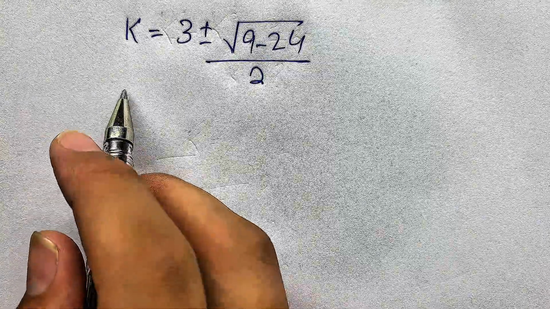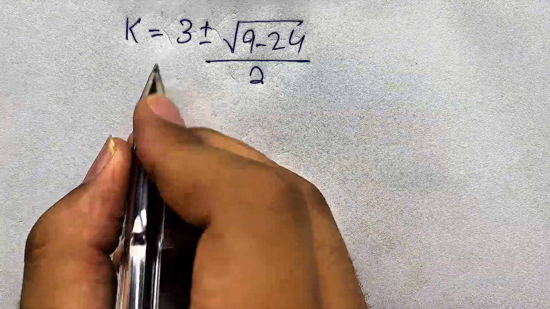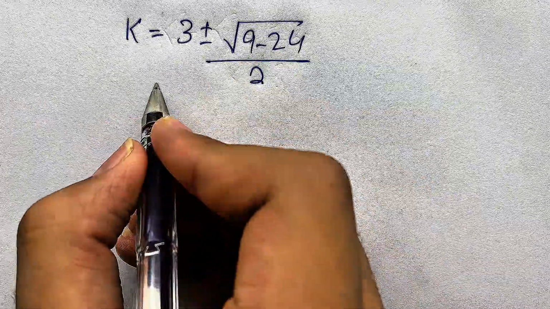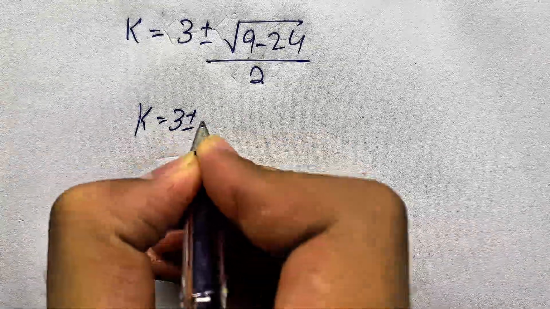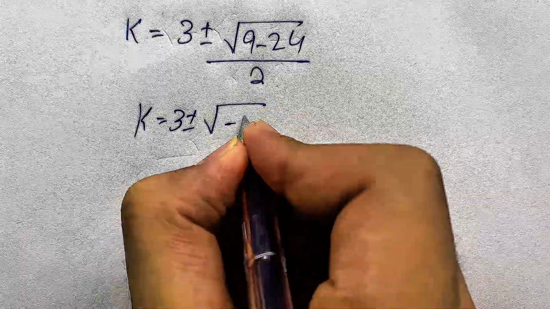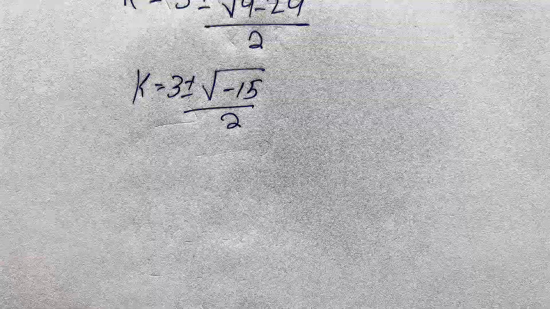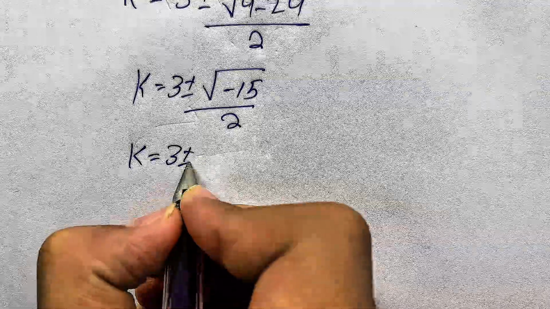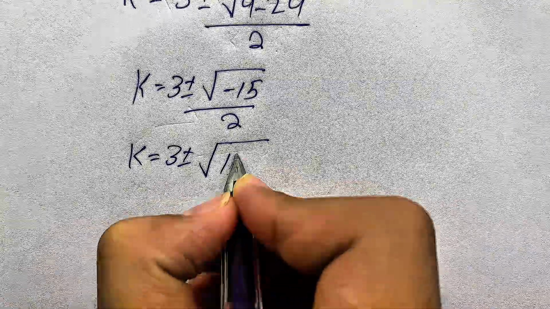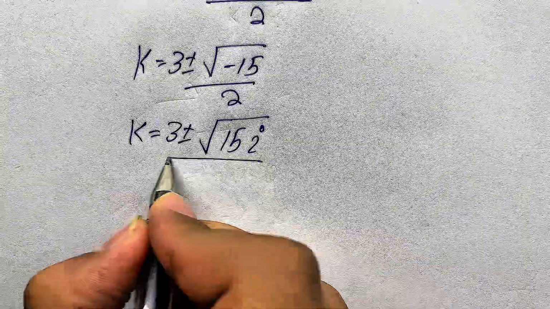So now this is 9 minus 24 under the root, divided by 2. 9 minus 24 is minus 15. k = 3 ± √(-15) / 2. This will be k = (3 ± √15 i) / 2.